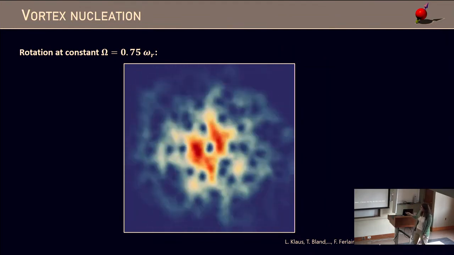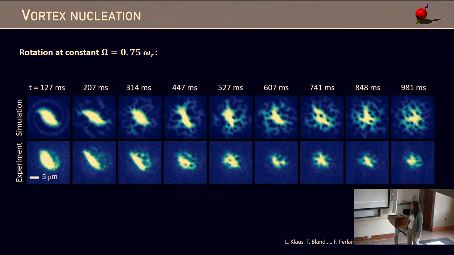Okay, so this is a simulation, and here there's the comparison between simulation and experiment. Basically, these are just some frames of the previous simulation that I showed, compared with the experiment, and you can see that there's a good agreement for the same time scales.